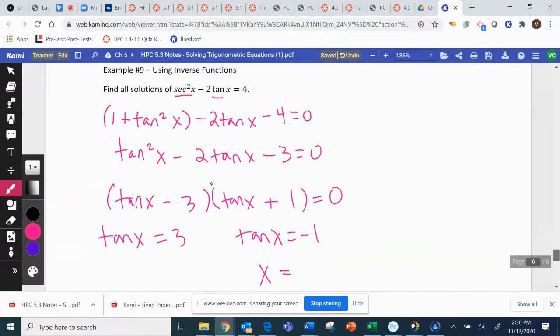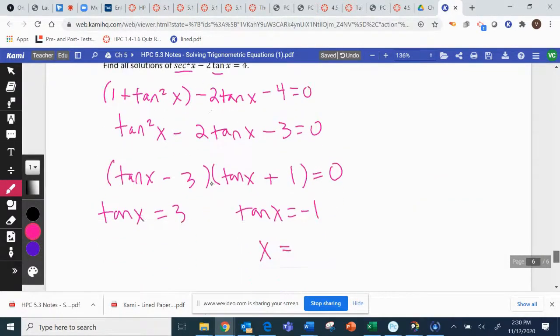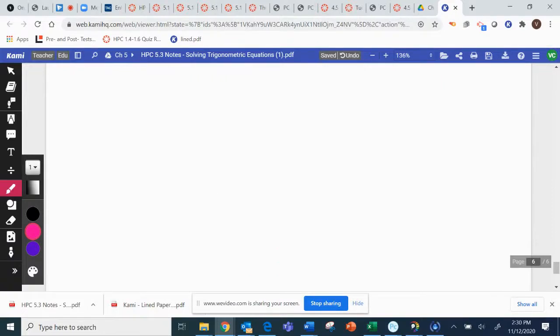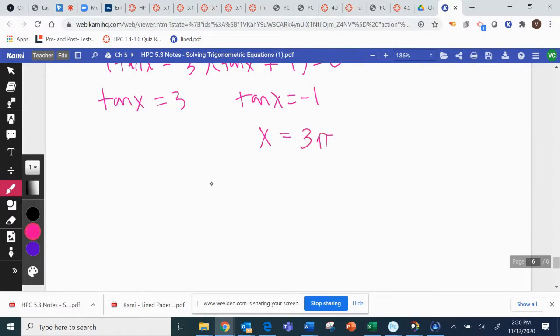I wrote all. Yeah. Oopsies. Where's tangent -1? 3π/4. And then if I add the period of pi, that ends up giving me the other one. So I don't really need to write the other one because we're doing general solutions. So I just need to add on pi n.